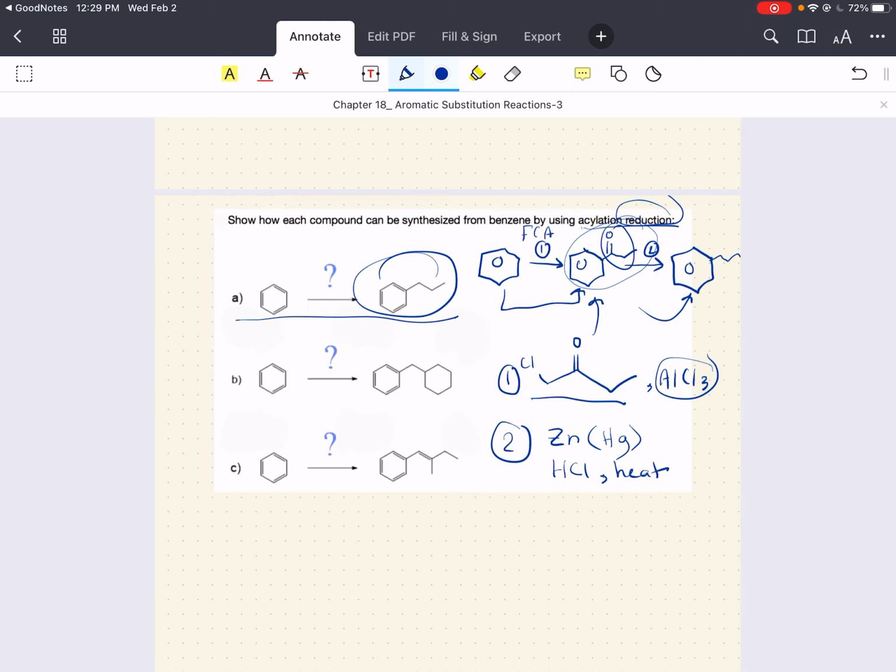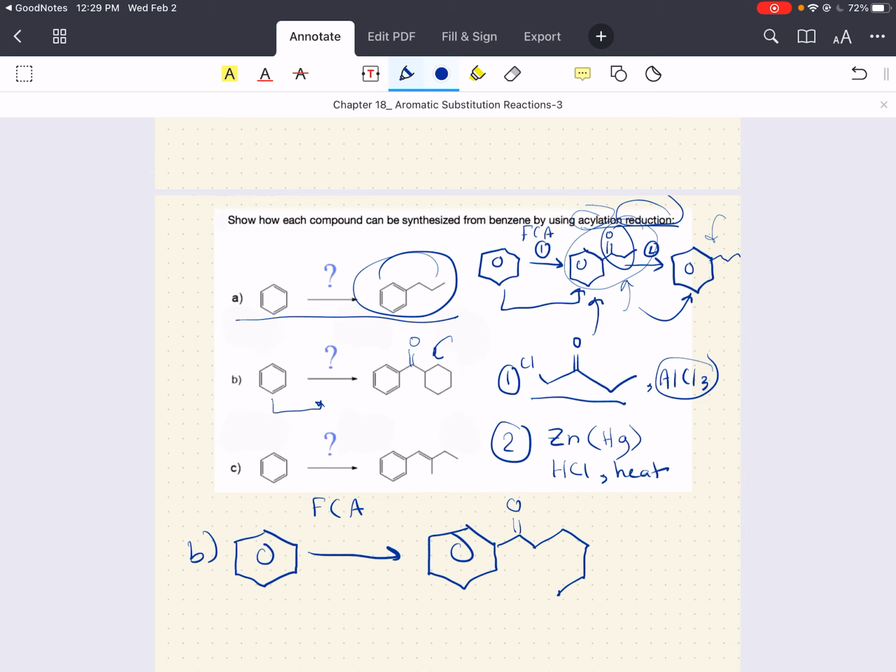They specifically say that they want us to first produce our Friedel-Crafts acylation product and then reduce it. All right, let's do B. Again, we want to go through our Friedel-Crafts acylation to get a product that looks like this product but with a carbonyl group.